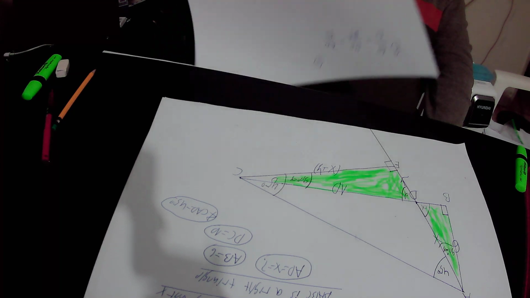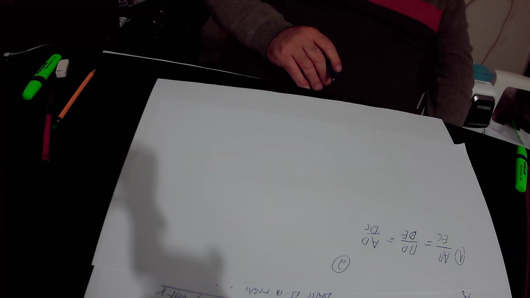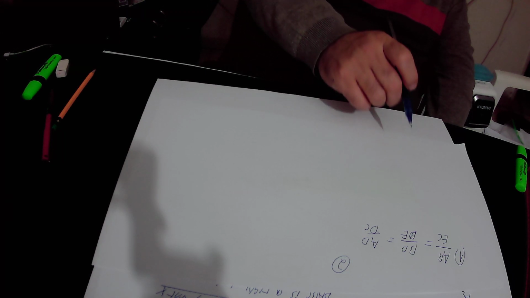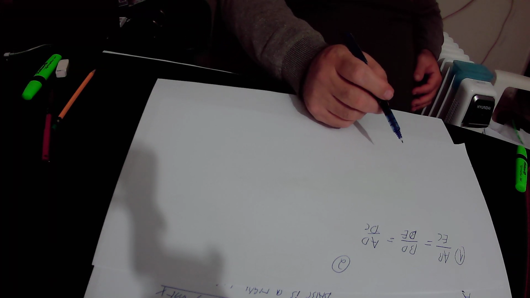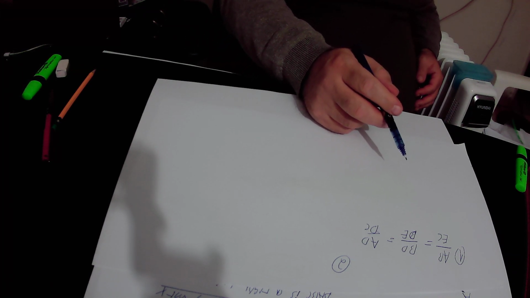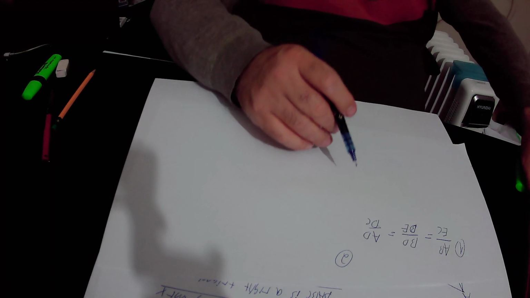Okay? So from the fact that the two green right triangles are similar to each other, we conclude that the following relationship exists between their sides: AB over EC equals BD over DE equals AD over DC. Okay?